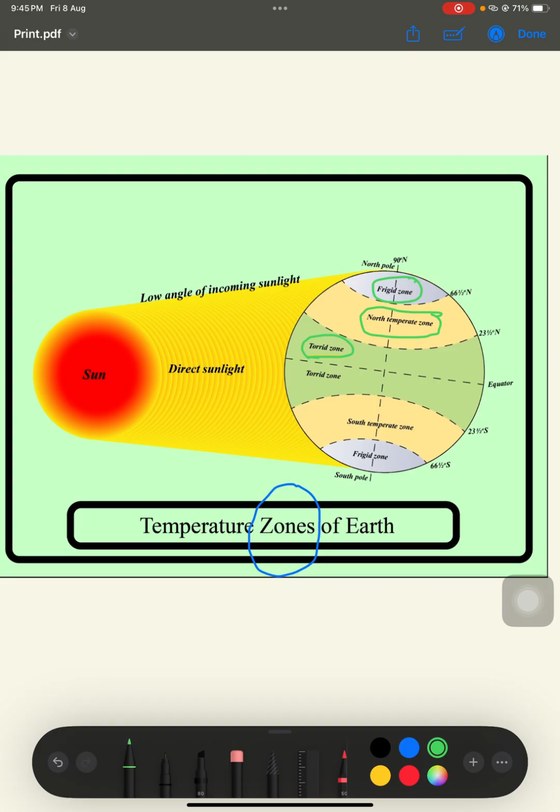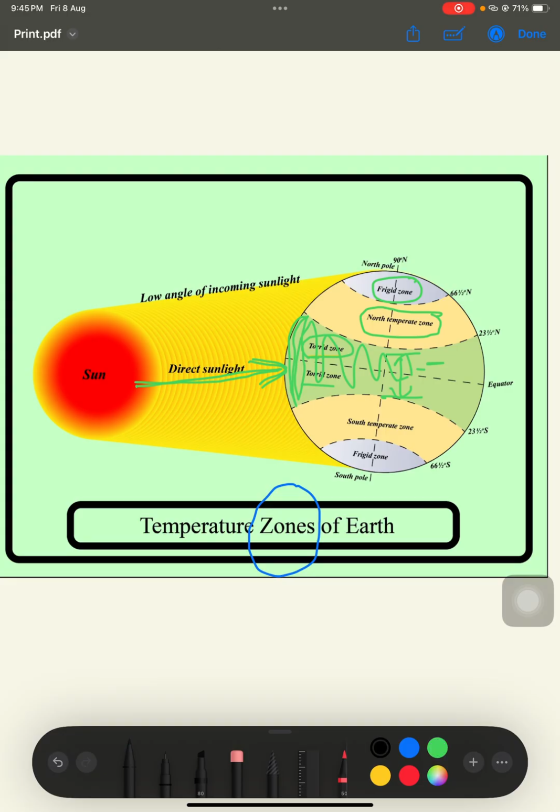Why is it called the torrid zone? The green mark you are seeing here, from here to here, is called the torrid zone. Why is it called the torrid zone? Because sun rays directly hit this zone. The intensity of sun rays is more in this torrid zone.